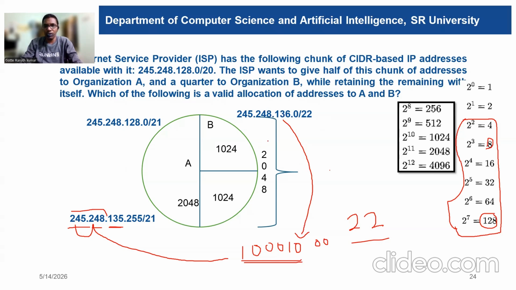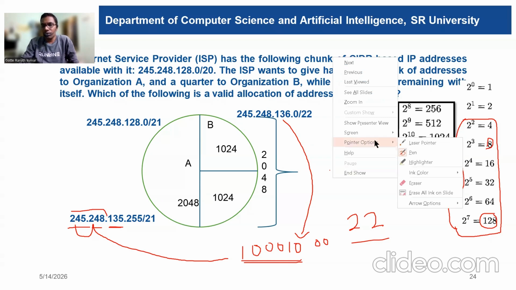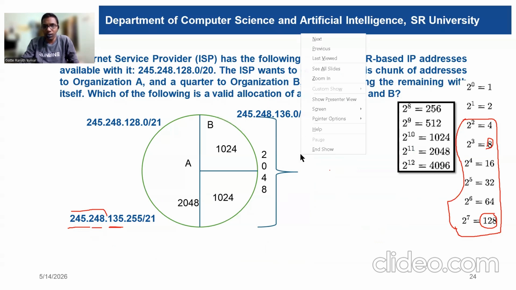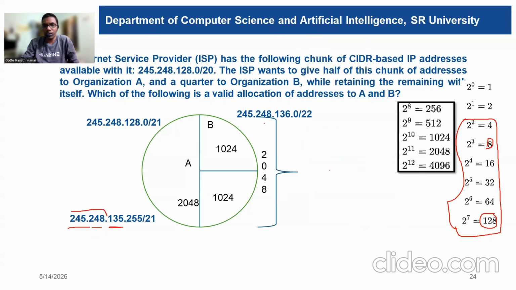Now coming to the ending address. So if you want to go for the ending address, so let me write one. 22 bits we should not change throughout from the starting to the ending of the organization B. So 22 bits we should not change here. Now what is the binary value of this one? These bytes I am not changing, only this byte I am changing because here 88 is 16.